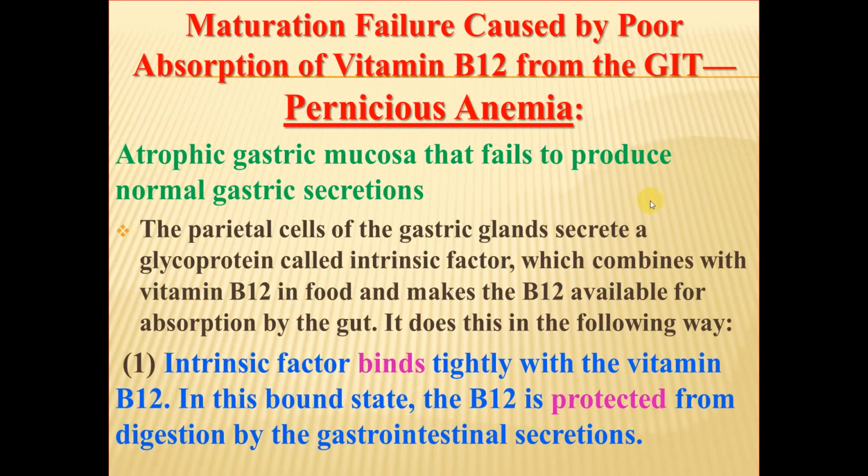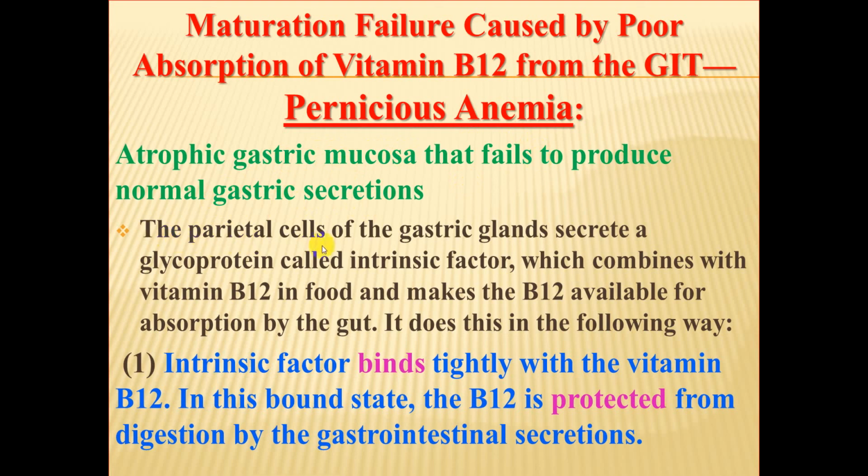Maturation failure caused by poor absorption of vitamin B12 from the GIT is what we call pernicious anemia. Atrophic gastric mucosa fails to produce normal gastric secretion. Atrophy of the gastric mucosa will cause failure in the production of gastric secretions.